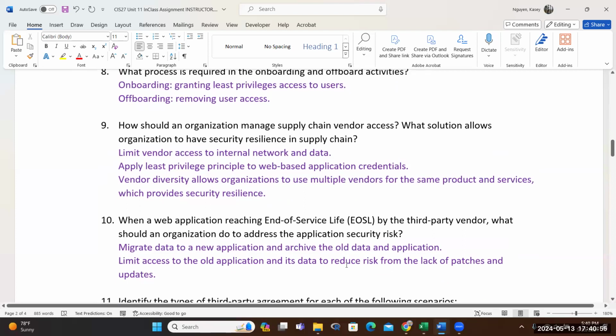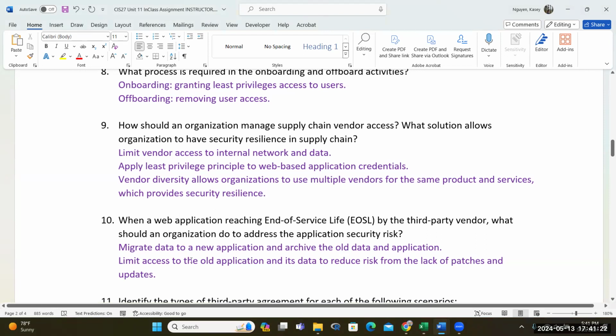Okay. So with a web application that is going to be retired, when it reaches the end of service life, which is known as EOSL, and the third party decides that they are going to retire the application, what should you do to really reduce the risk?